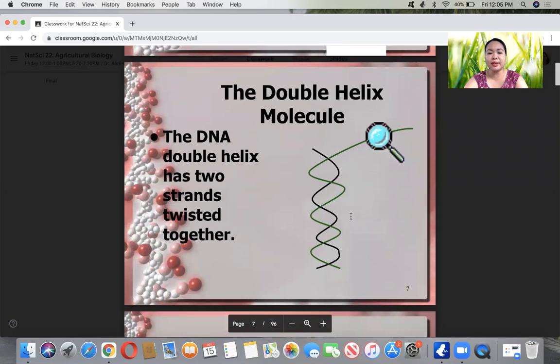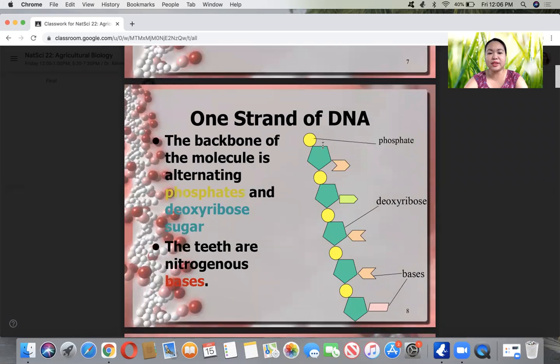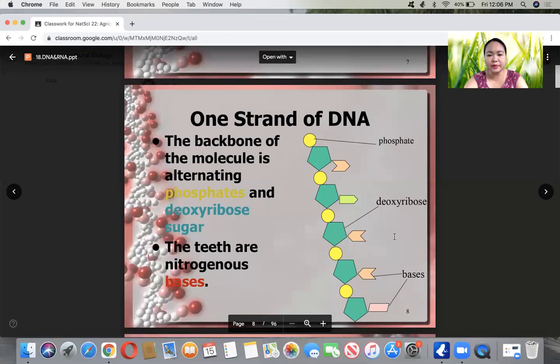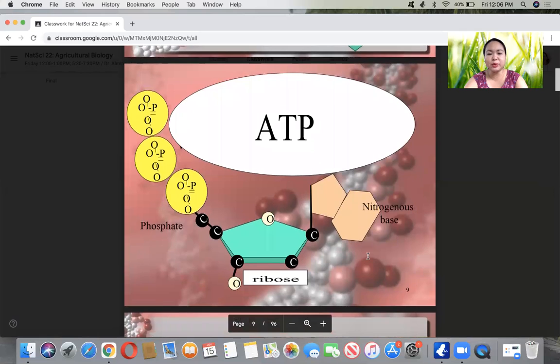The DNA double helix has two strands twisted together, and one strand of DNA is the backbone of the molecule, alternating phosphates and deoxyribose. The teeth are the nitrogenous bases. ATP, we know, is adenosine triphosphate, and the structure looks like this.